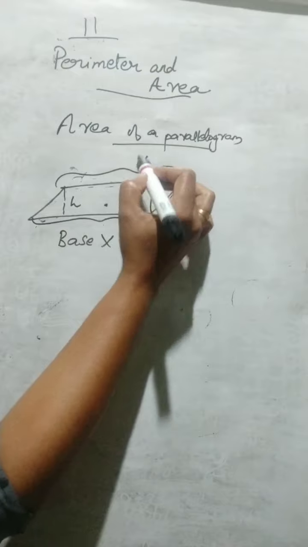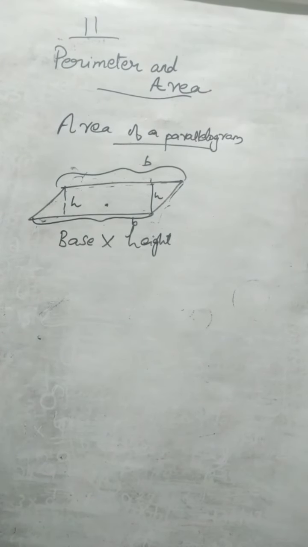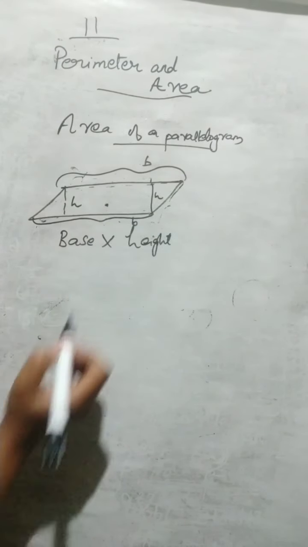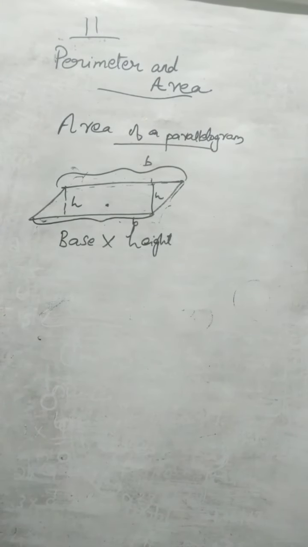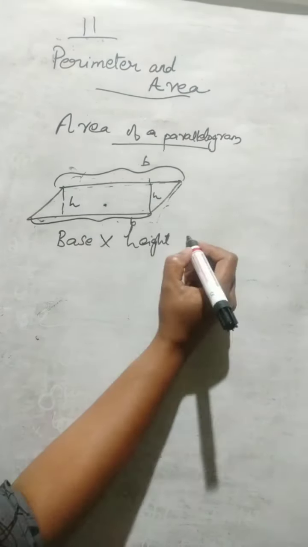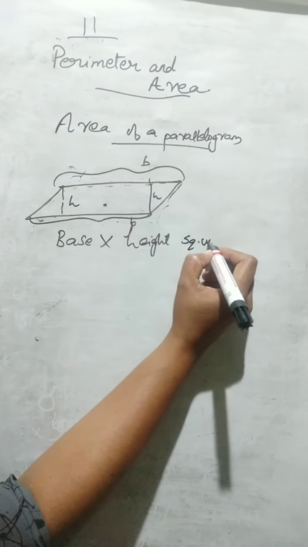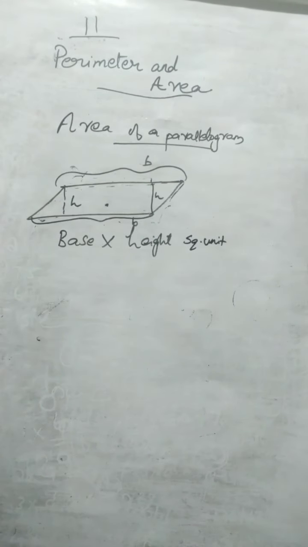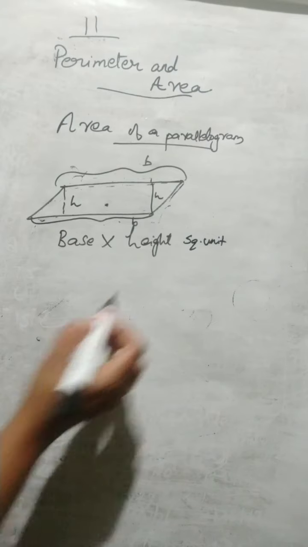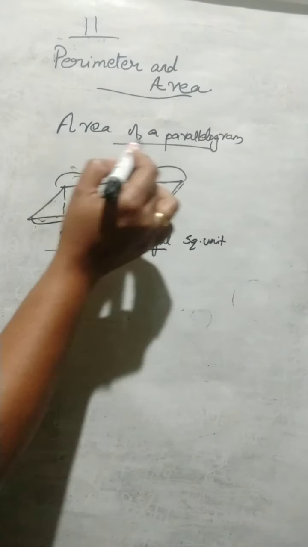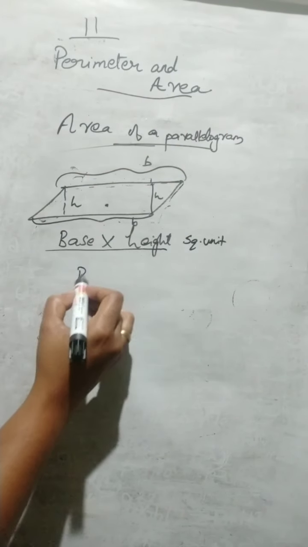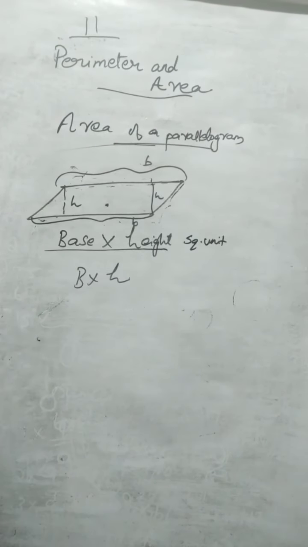Both opposite sides will be same. So base times height. What is the unit of area? That will be square unit. Okay. Square unit. Is it clear for you? Base times height. How can we find the area of a parallelogram? Base into height. Clear for you?